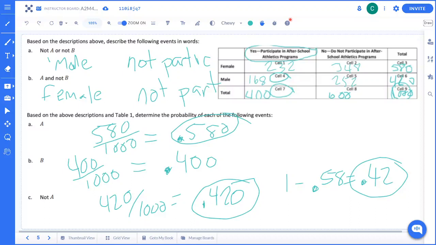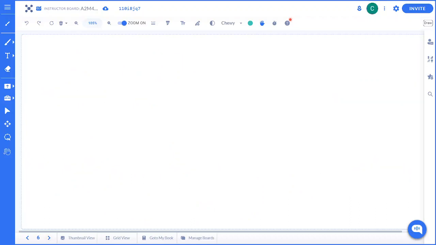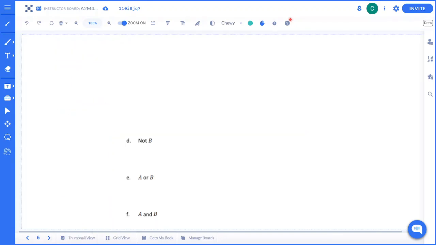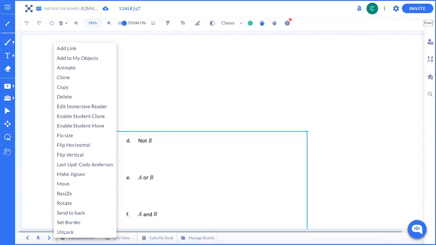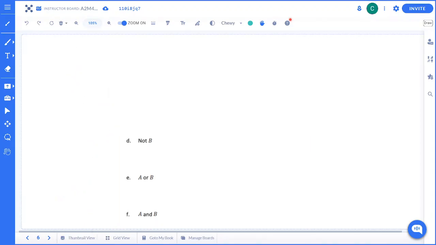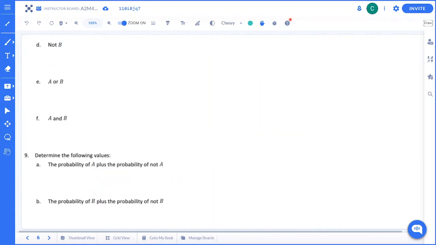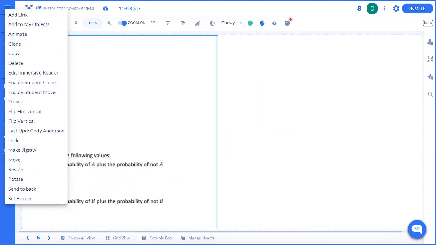All right, let's keep going. So we're looking at not B, which means B was to participate in an after school activity. Not B would mean those that do not participate in the activity.